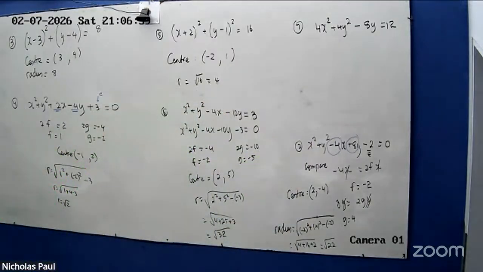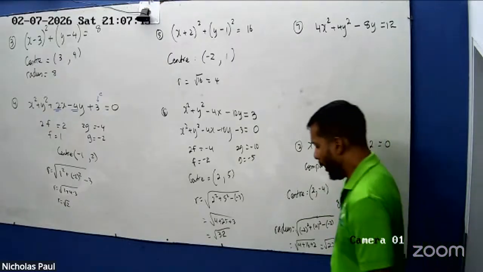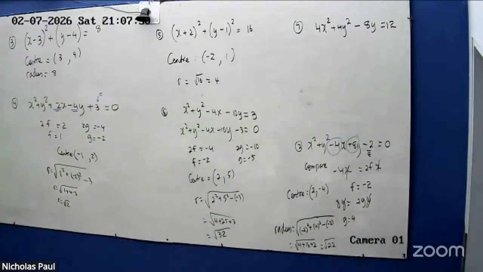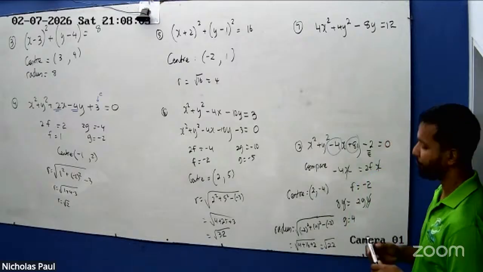It has to be 1x², 1y², so don't forget to divide by 4.